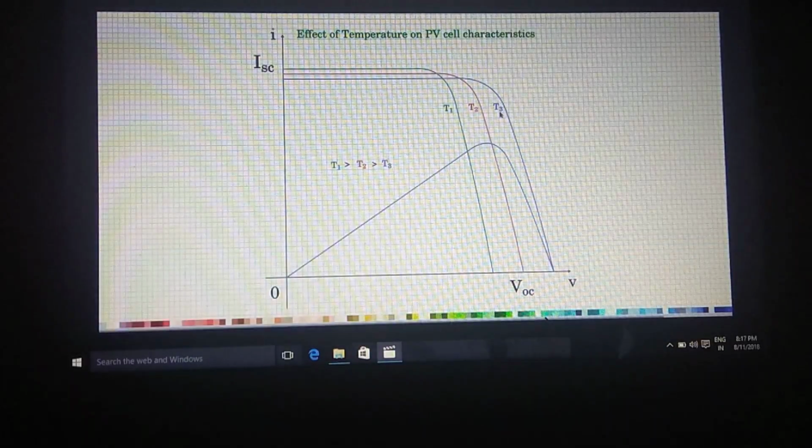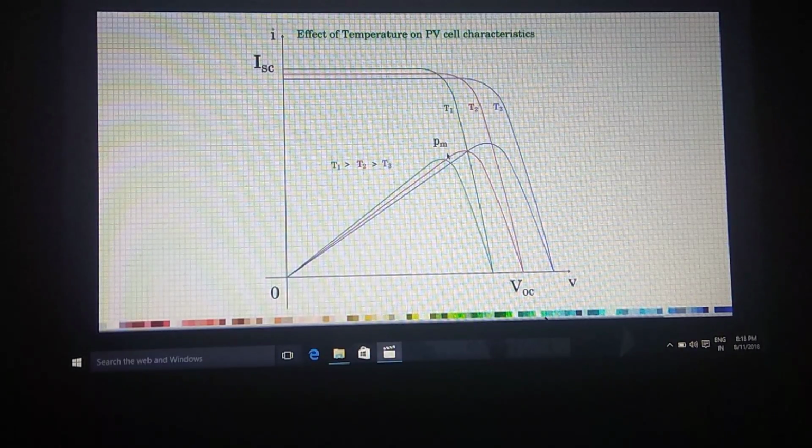Now looking at the power curve, this is the power curve for the T3 curve, and this is the peak power that the cell is capable of giving at temperature T3. Now at temperature T2 and T1, the corresponding power curves are like this. And then you see that the peak powers are decreasing.